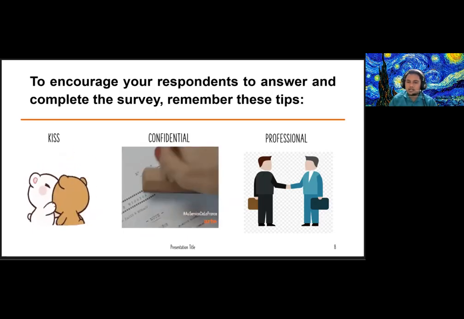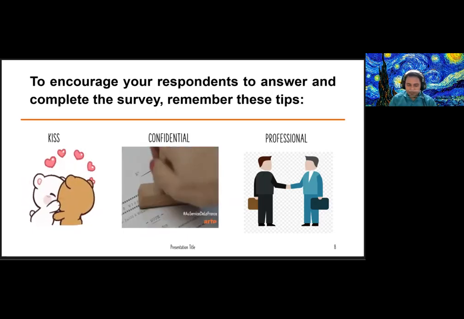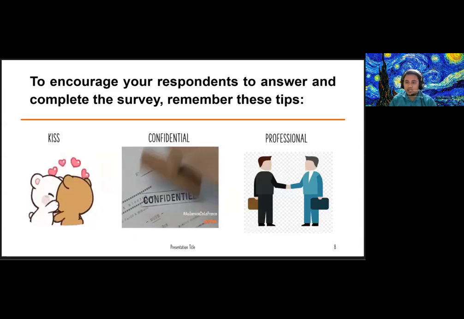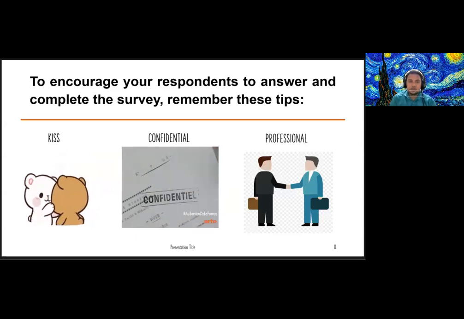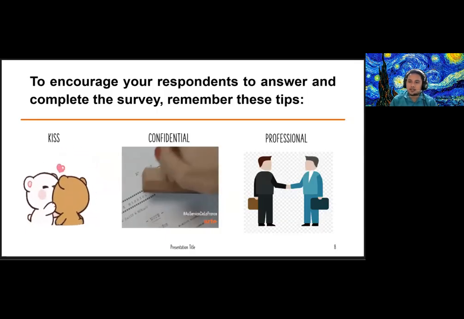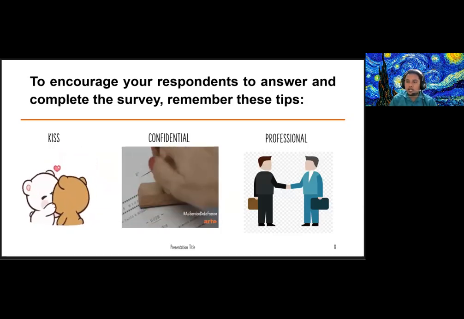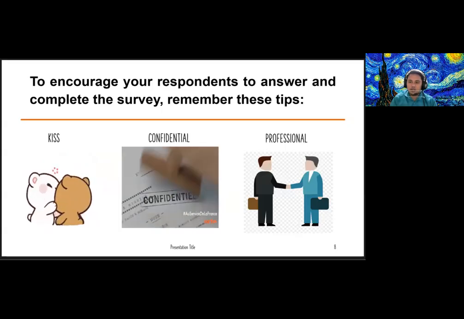Next is confidential. You must ensure confidentiality and anonymity, if it applies. How? Give the participants an assurance that their answers will be kept confidential and will only be used for the purpose of the survey.